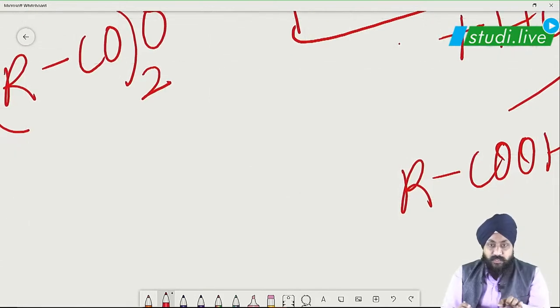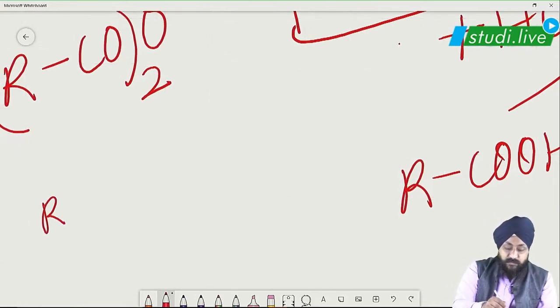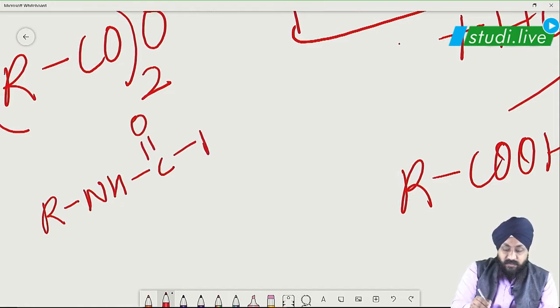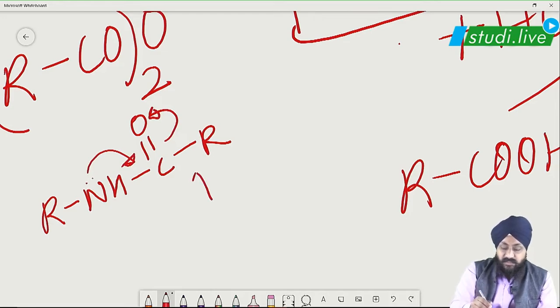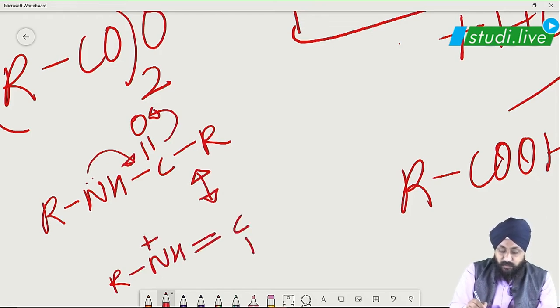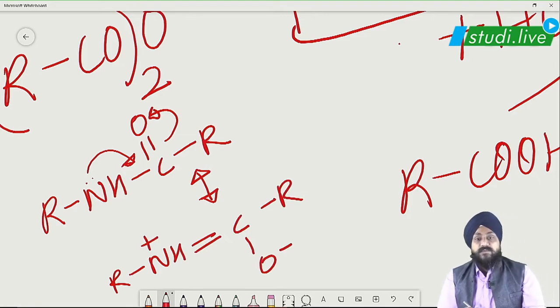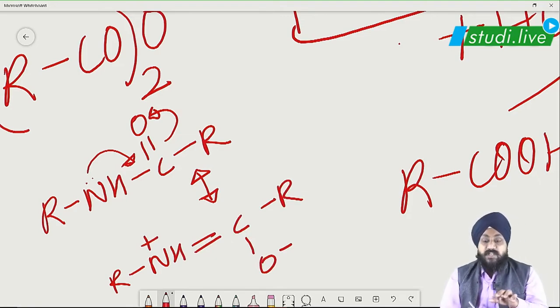We are going to show that effect that amides are less basic. So it is NH, here it is C double bond O, and here there is going to be R. So here this will be taking electrons, and these electrons will be moving over there. So by resonance, what you will get? You will get RNH, here it is positive charge, here there is a double bond, here it is O minus, and here it is going to be R. See students, if you see carefully, N has got a positive charge due to resonance.